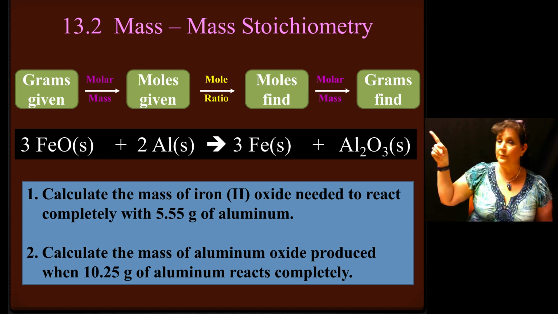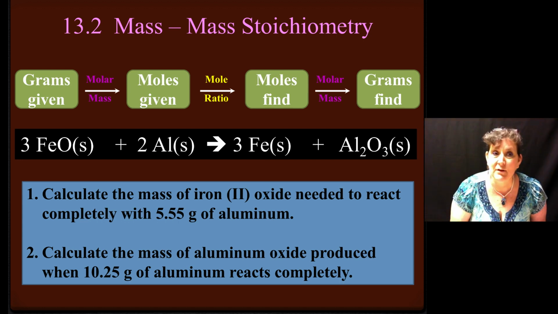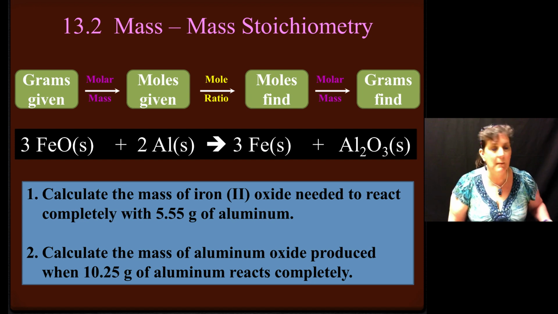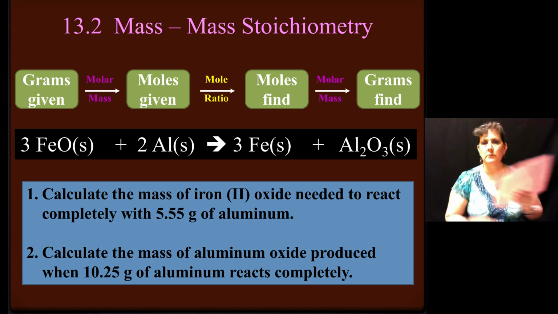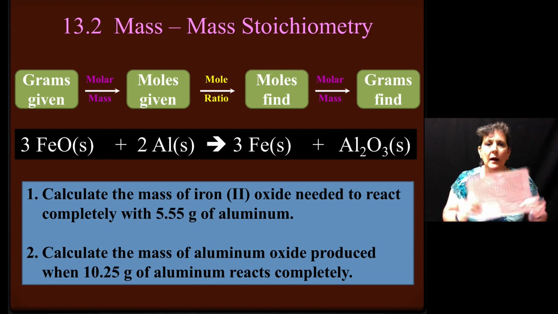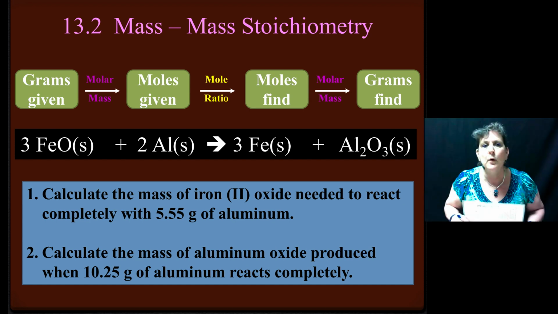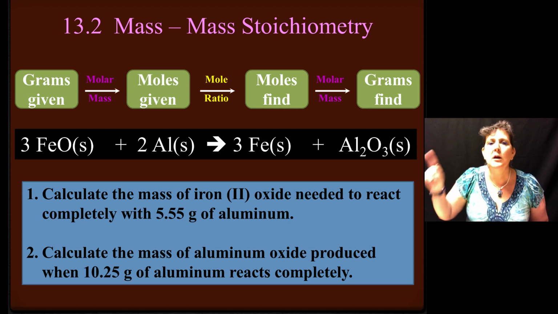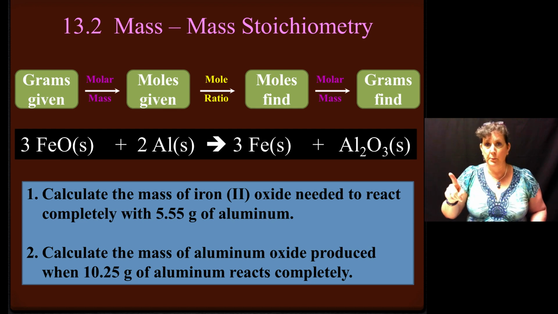Look at this. We're going to start out with grams being given to you. You're going to convert to moles using the molar mass. Where do we get a molar mass? From the periodic table. So we can convert from grams to moles using the molar mass. Then we're going to use what we learned just now, the mole ratio.